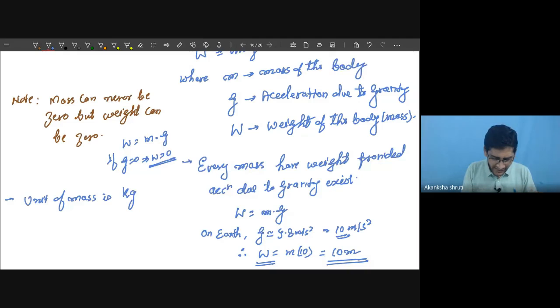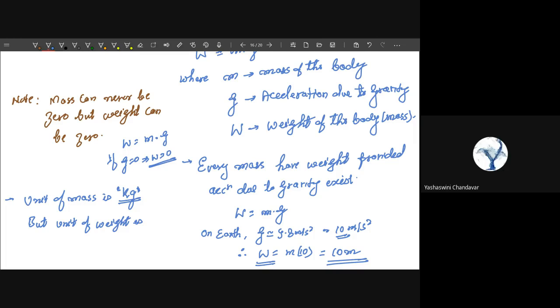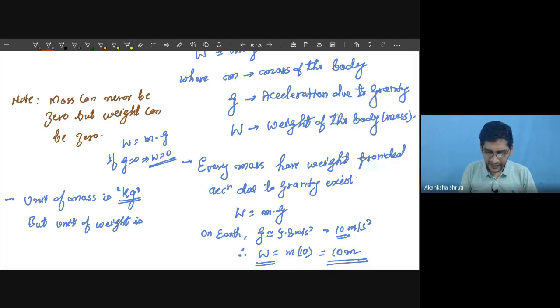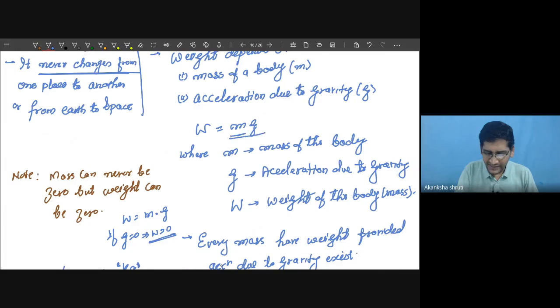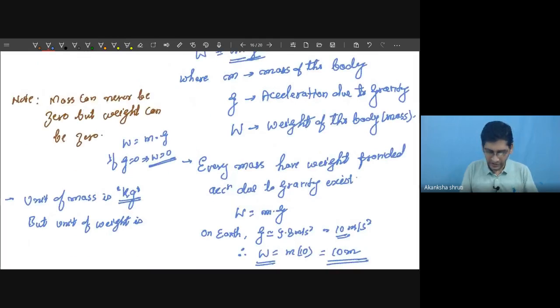This mass can never be 0 and it is always measured in kg. So this we have to keep in mind. But the unit of weight is, so what is this word? Newton. Very good. So here we are getting mass into acceleration. g is a kind of acceleration. So its unit is Newton.